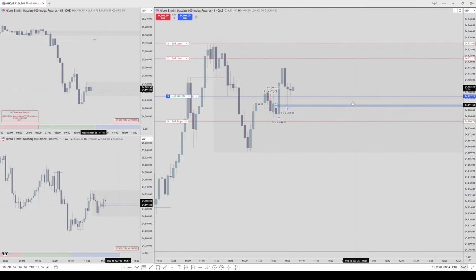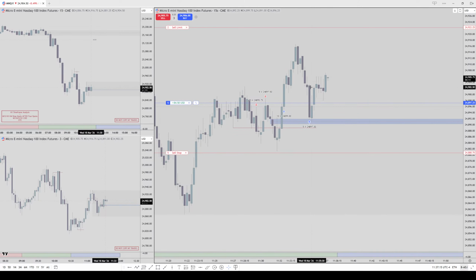Looking at the 1 minute, we traded back into discount, and then right now it's either I get a CISD of this down close candles, or we run a stop and then CISD that stop.